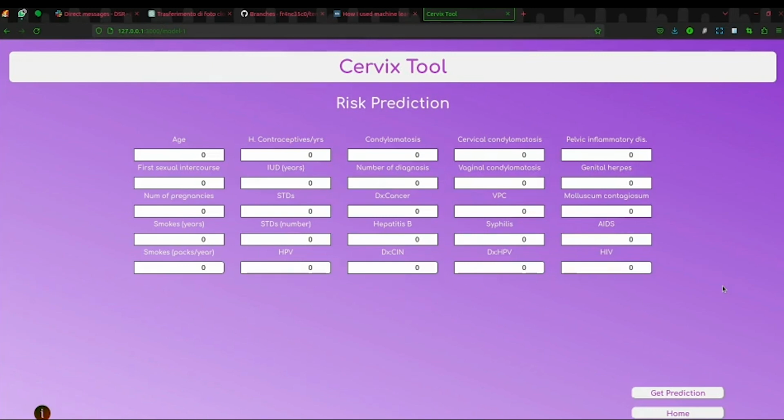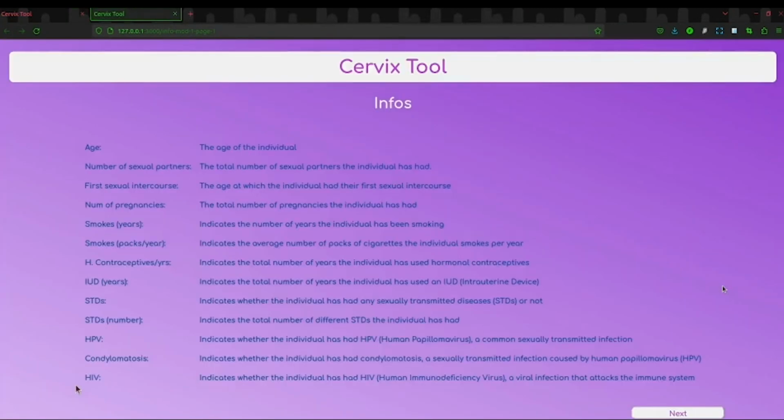If there is some difficulty understanding which value to enter, we provide 2 pages with all the information. For example, smokes years doesn't mean how many cigarettes you smoke in 1 year, but how many years you smoked.